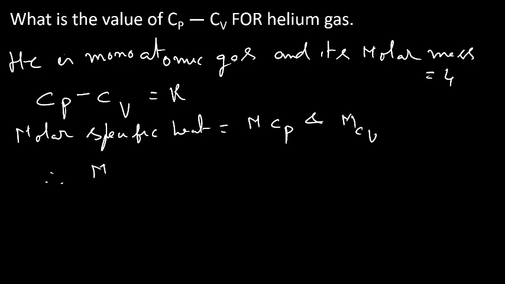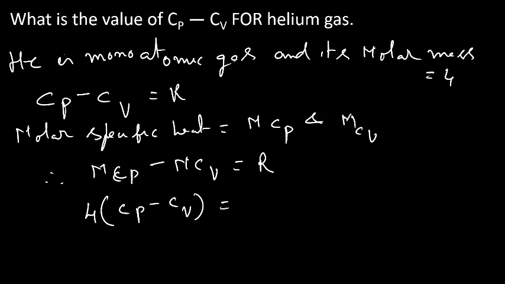Therefore, M into Cp minus M into Cv is equal to R. What is the molar mass of helium? This is 4. Therefore, 4 into Cp minus Cv is equal to R. Implies Cp minus Cv is equal to R by 4. So this is the answer.